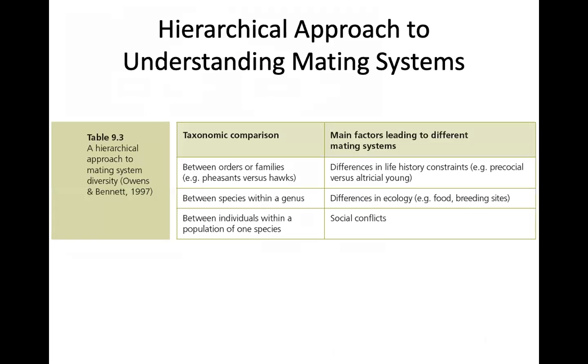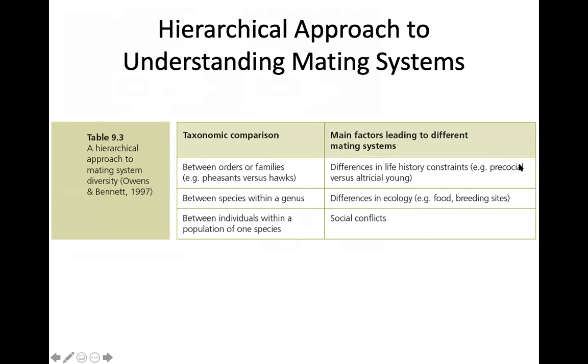So at the end of this chapter, they talk about how you can approach studying mating systems. If you look at broader phylogenetic comparisons, so comparing pheasants to hawks, there are differences in life history constraints that will determine the type of mating system.